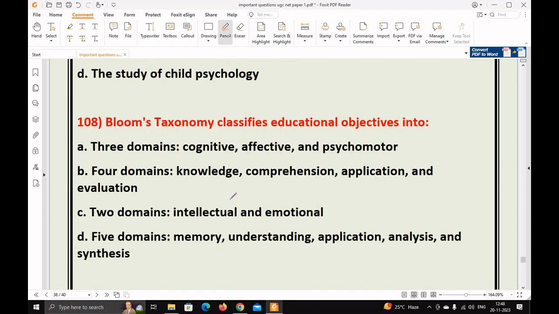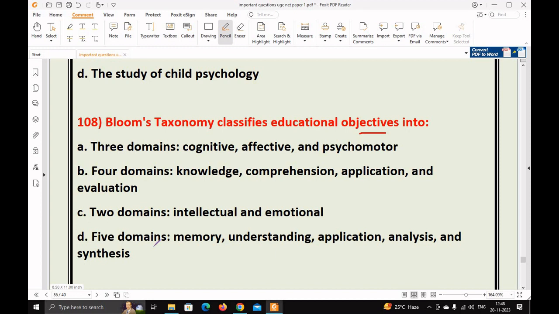Next question, question number 108. Bloom's taxonomy classifies educational objectives into 3 domains, 4 domains, 2 domains, 5 domains.